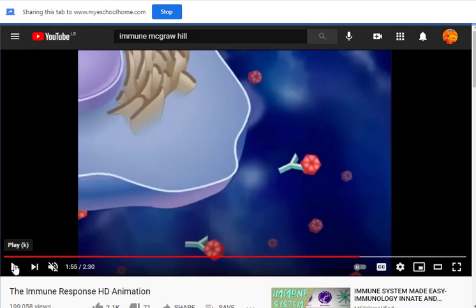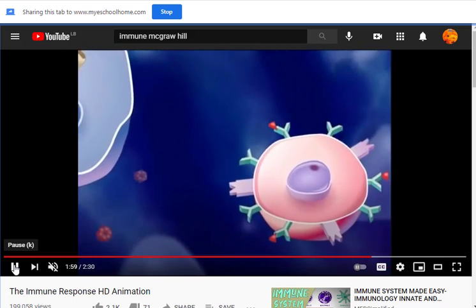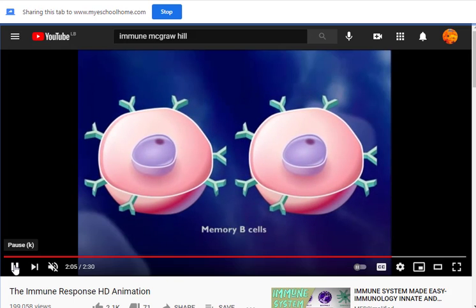Now the pathogen cannot move anymore. Then the macrophage engulfs both and digests them. And memory cells form so they can recognize the antigen next time faster.